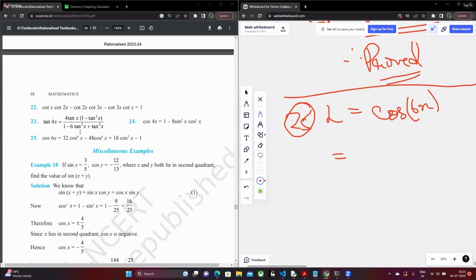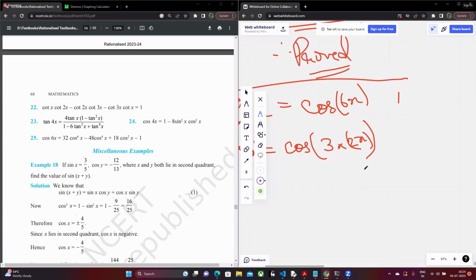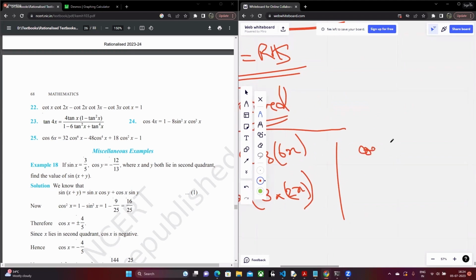But instead of this being 2 into 2x, since I have to represent this purely in cos, I'll represent cos of 6x as cos of 3 into 2x. Remember the formulas.